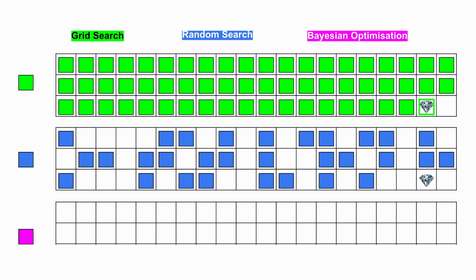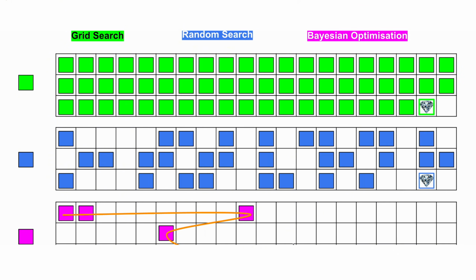Now for the Bayesian optimization, just like I've explained before, you can see it keeps searching until it arrives at that point, and you can see the pattern of the search.